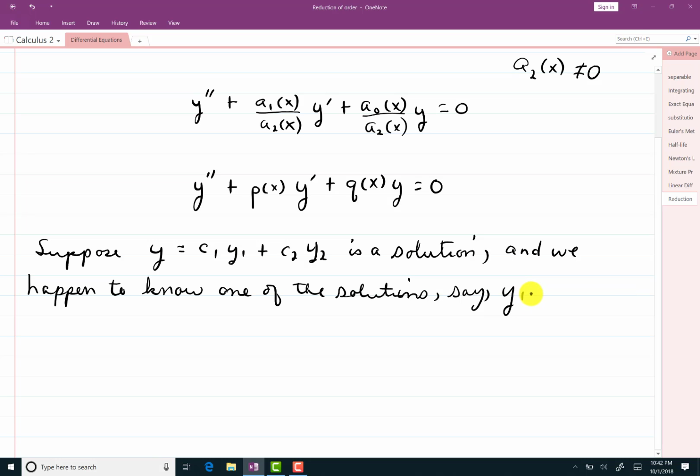Well, then the method we're going to use here will show us how to figure out the y2.